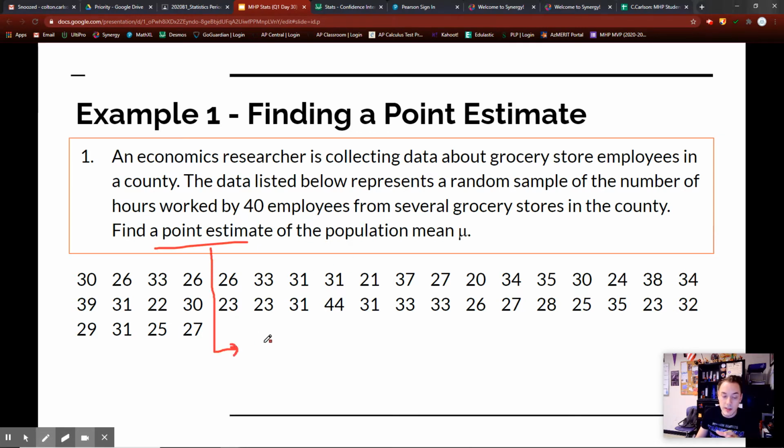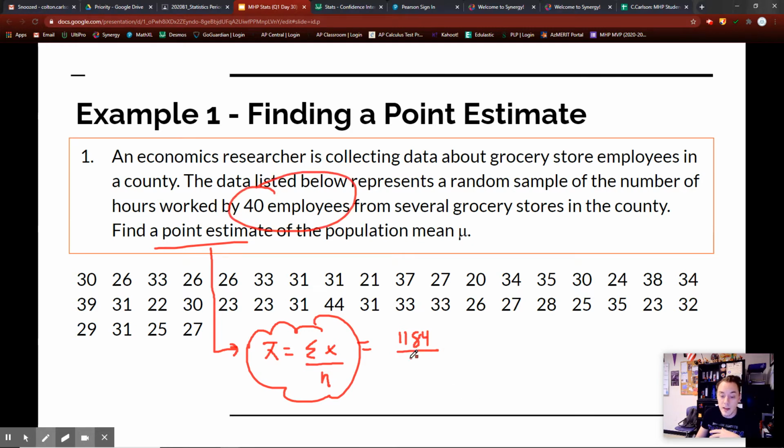My point estimate is x bar equals the sum of all of the x's over my n, which is my sample size. So when I add all these up, I get 1,184 divided by my sample size of 40 employees. When I do this, what I get is 29.6. So this right here is my sample mean, and it's going to be acting as though it's the population mean. So it's a good point estimate.